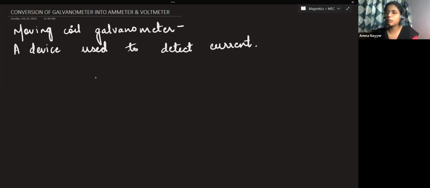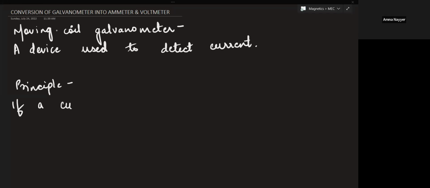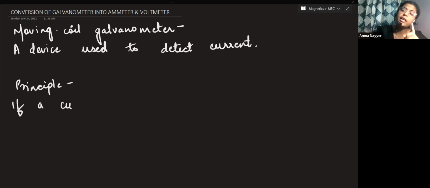Similar thing, a device used to detect current. Basically, just understand the principle of it and you will understand why we call it moving coil, why this term is used. See, if a current carrying coil is placed in a magnetic field, then this current carrying coil experiences a torque.